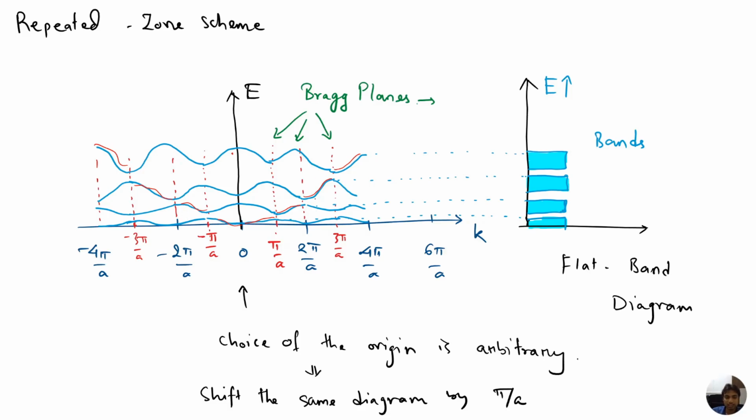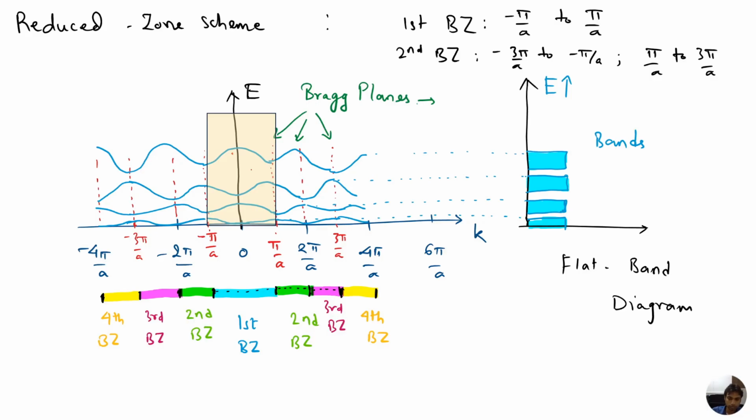What is the first Brillouin zone? These red lines are your Bragg planes. The first Brillouin zone is from minus pi by a to pi by a, because that is the region where you can traverse from the origin without crossing any Bragg plane. Once you cross the Bragg plane on the left-hand side, you reach from this blue region to the green region.